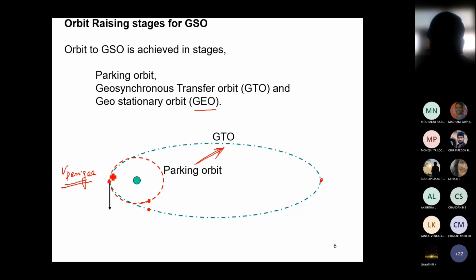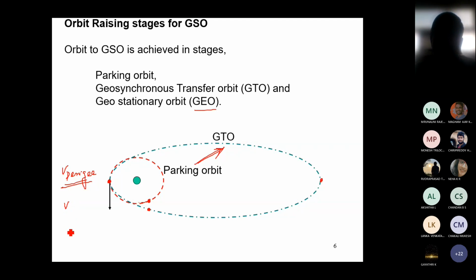And we have to find the velocity of the satellite when it is moving in the parking orbit. That velocity, let me represent as a simple v. The parking orbit is a circular orbit, so I will calculate that velocity. When the satellite is moving in the parking orbit, it is moving at this velocity, which is represented by v.